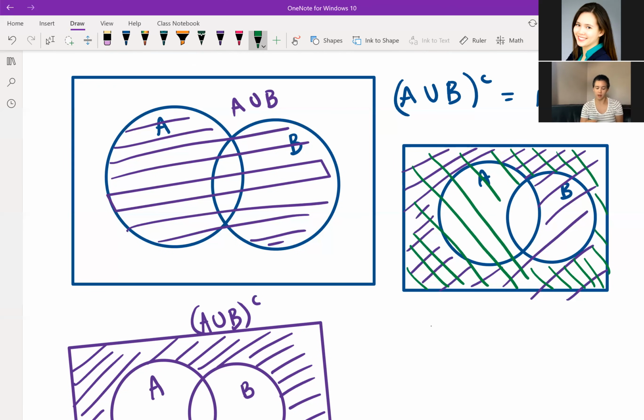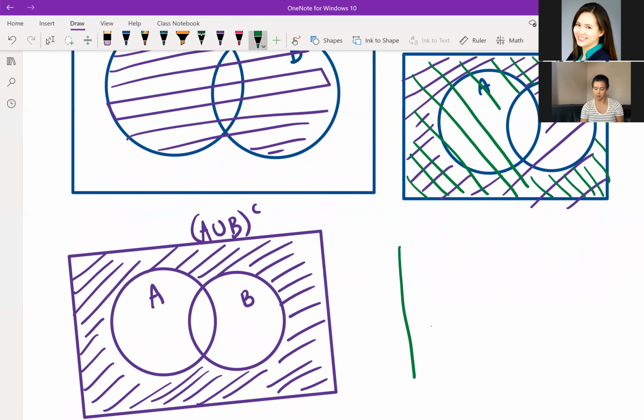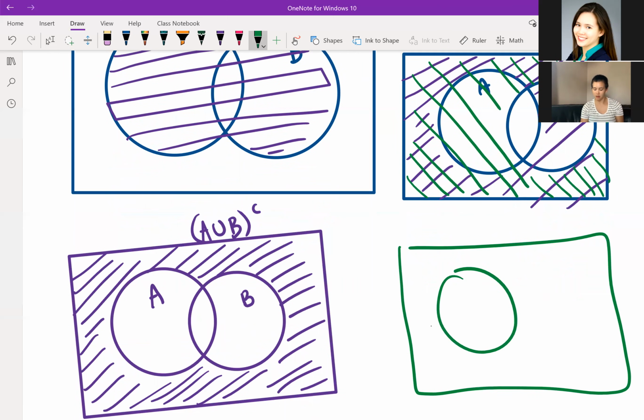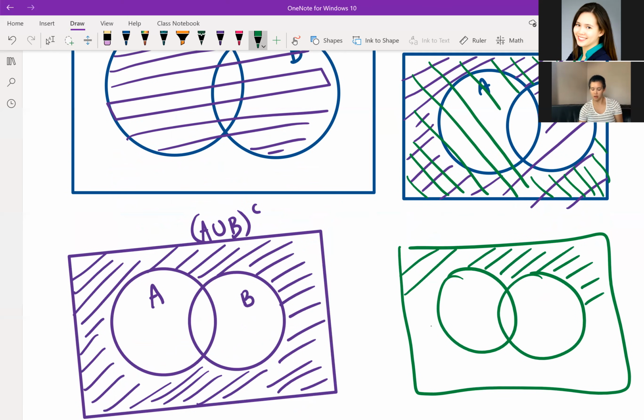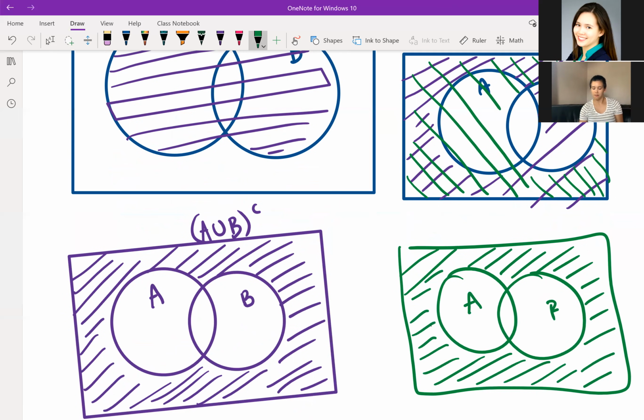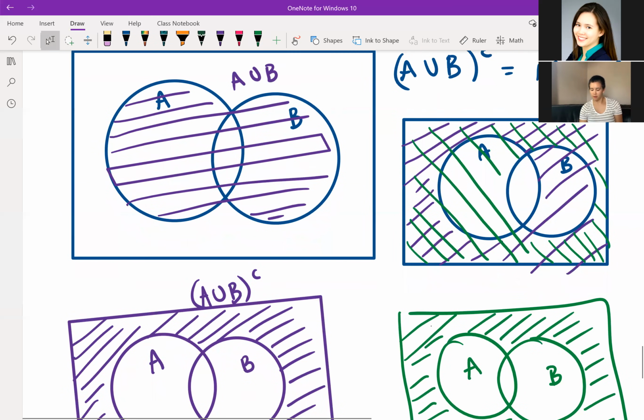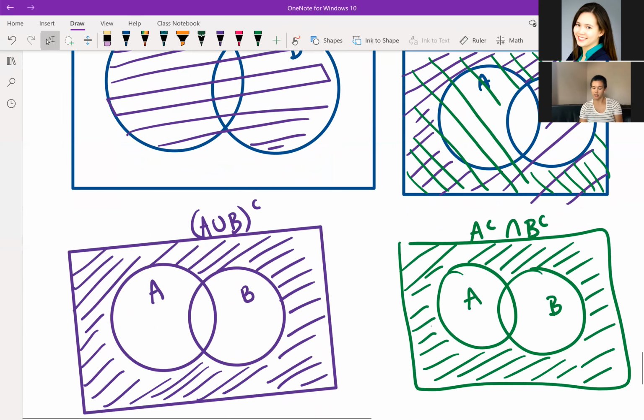So in other words, we want to find all the bits that are shaded with both green and purple. And so cleaning it up, it looks like all of the stuff outside of the two circles. And so this here, we have drawn A complement intersect B complement. And so we can see these two sets are equal.